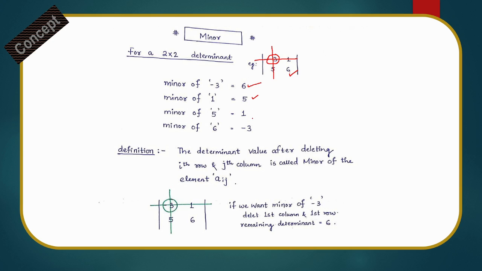Similarly, if we want the minor of 5, we delete this row and the column corresponding to the element 5, and the remaining is 1. So we write minor of 5 is 1. As you can see, for the minor of -3, we delete the first row and first column, so the remaining is 6.